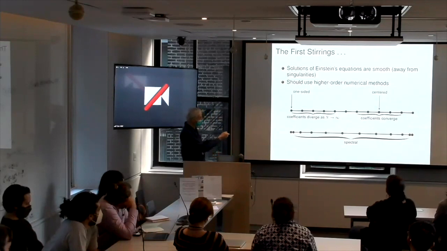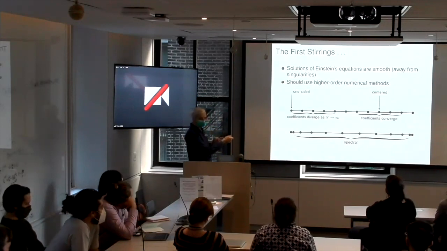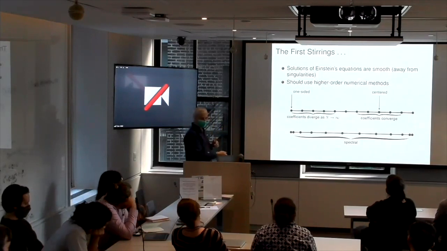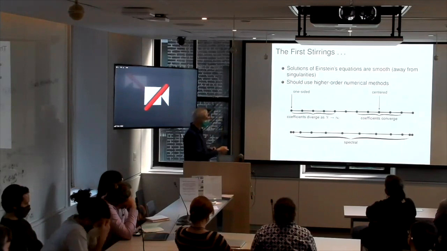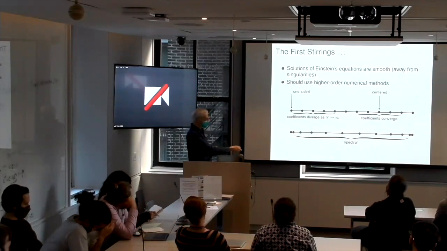So in the case of Einstein's equations, about 20 years ago, our group decided that we should take advantage of the smoothness and use what are called spectral methods. I'll explain a little bit more what spectral methods are, but in particular, instead of using uniformly spaced grid points, they use specially chosen grid points with a bunching of points towards the end.